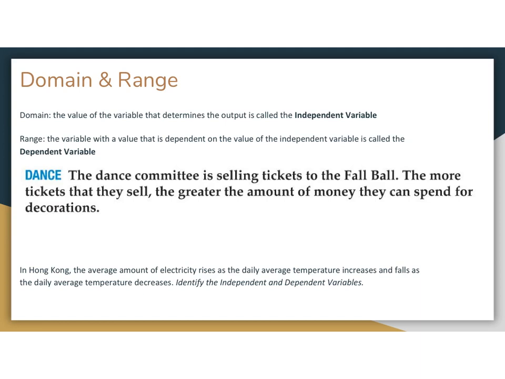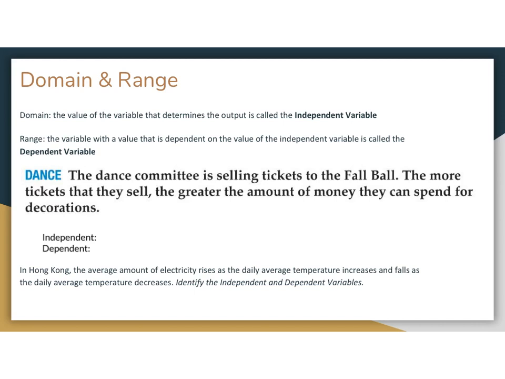Let's try them together. So the dance committee is selling tickets to the fall ball. The more tickets they sell, the greater amount of money they can spend for decorations. So what is the independent and the dependent variable? Go ahead and look at this yourself and try to solve it.